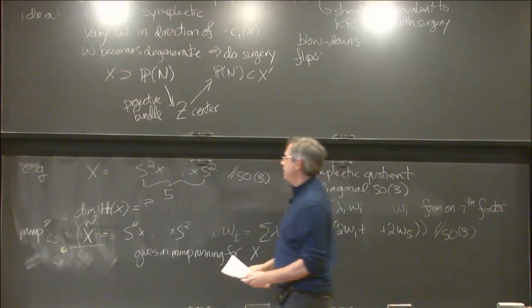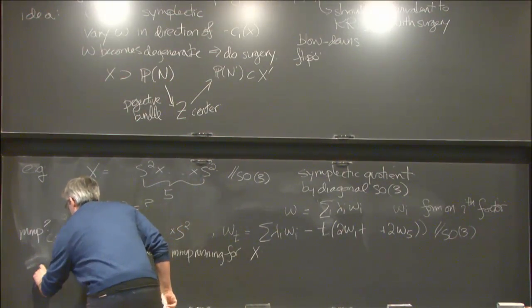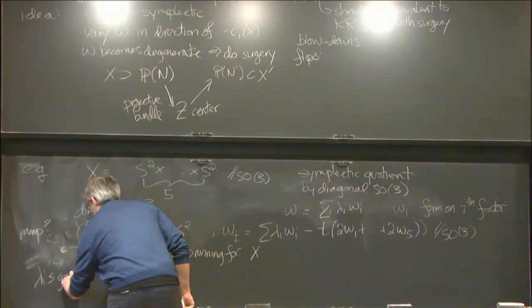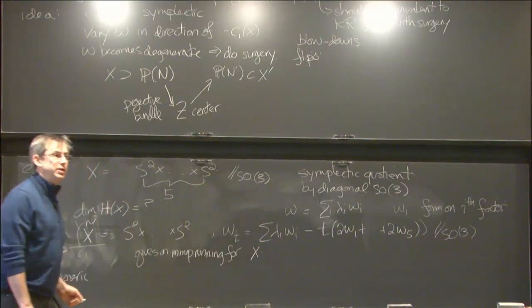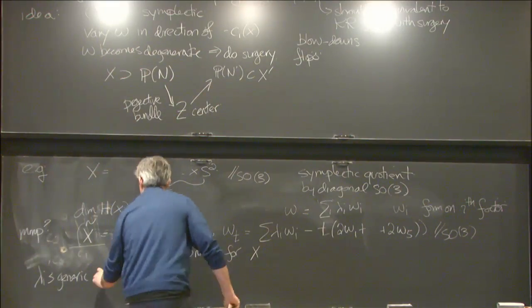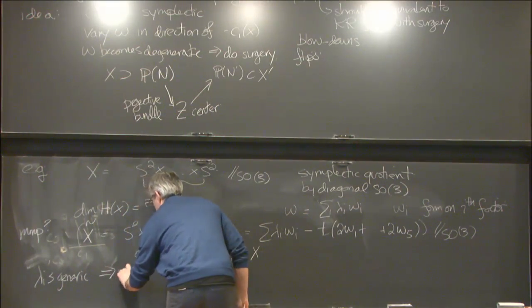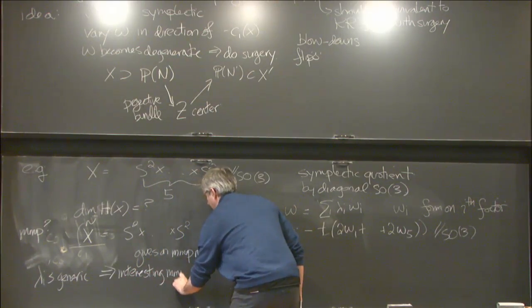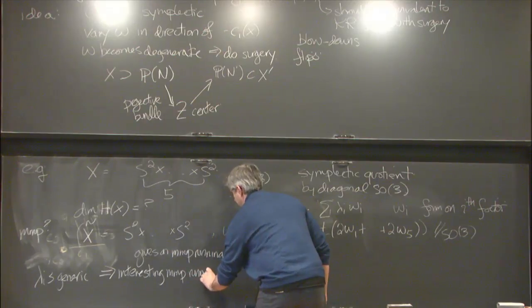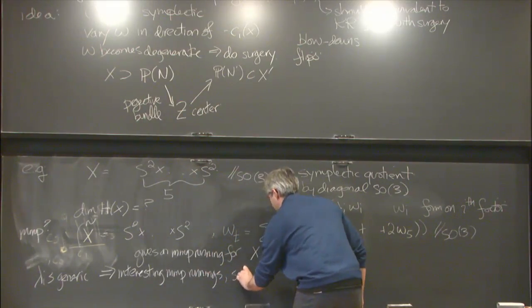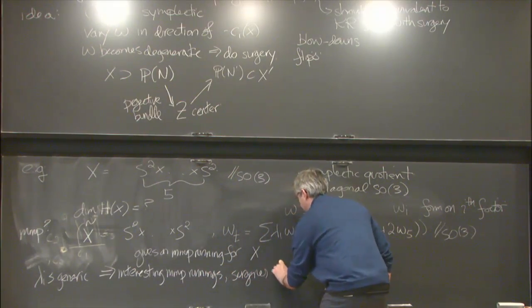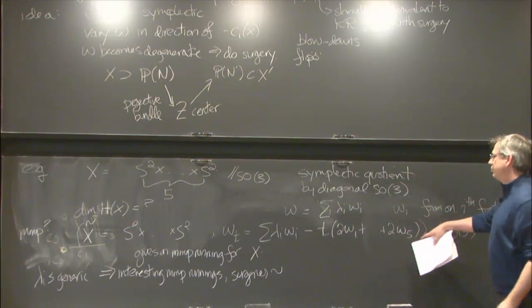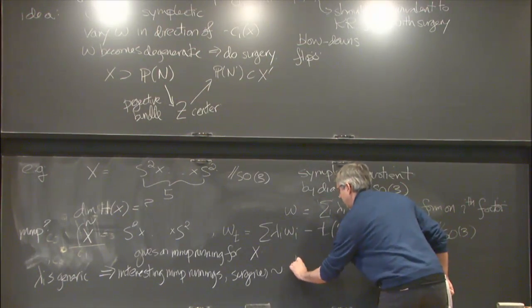But if I take the lambda i's generic, this doesn't change the topology, right? If I perturb the lambda i's a little bit, then I get interesting MMP runnings. And the surgeries in this MMP, they correspond to t's for which this quotient is singular.